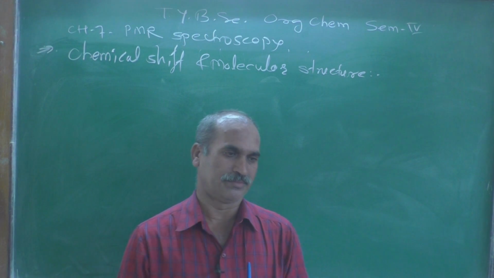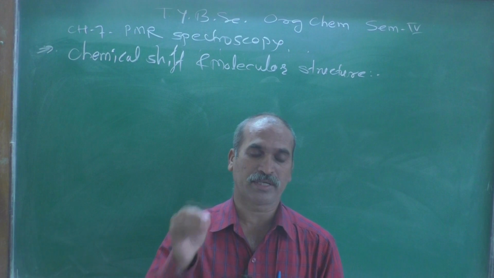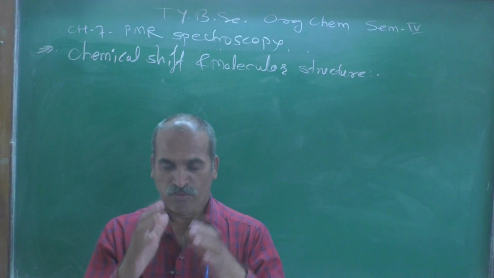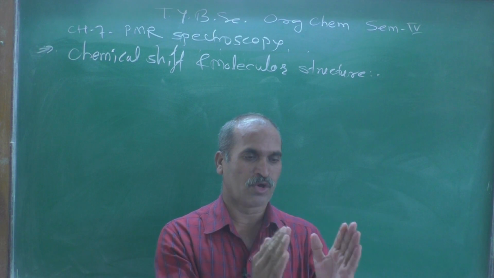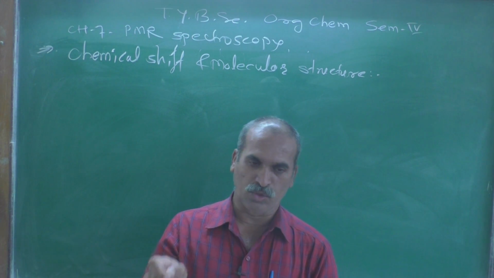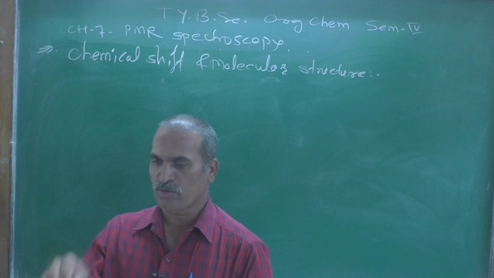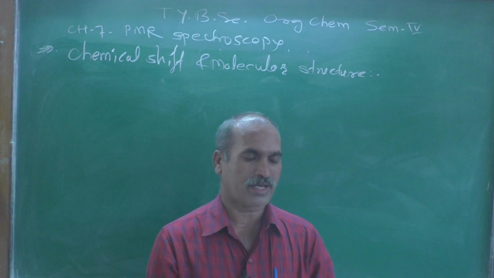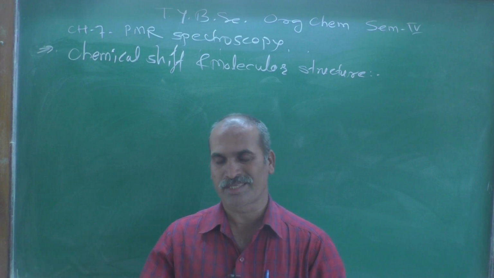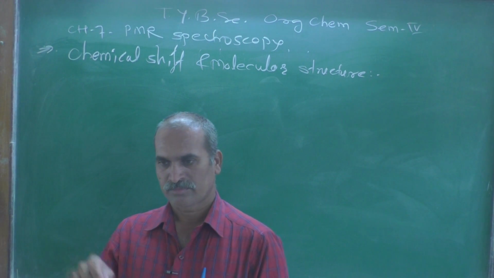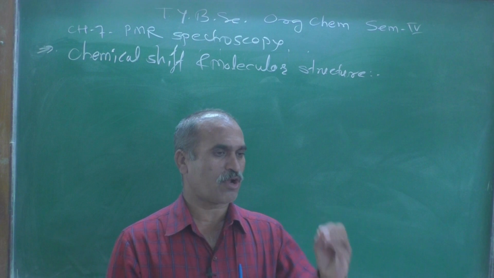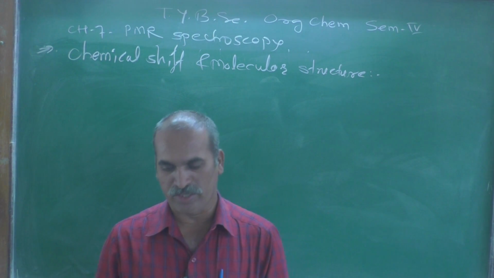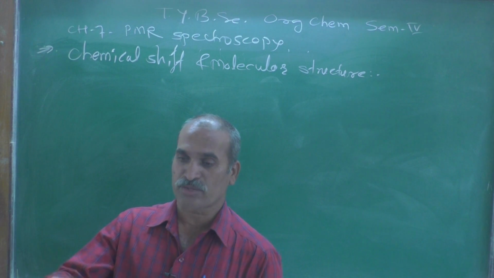Why does this happen? That depends upon the electronegativity. The fluorine atom is more electronegative than the chlorine atom. Electronegativity is the measure of the power of attraction of electrons toward itself.